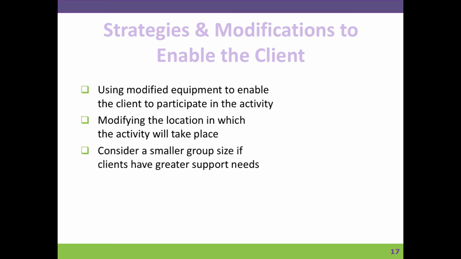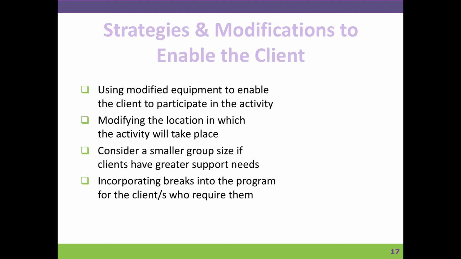Considering a smaller group size if clients have greater support needs. Making sure there are regular breaks in the program for clients who require this. And responding to the barriers to participation in recreation and leisure activities. Remember, it's important that you consult with the client and other stakeholders to identify appropriate strategies and also modifications.